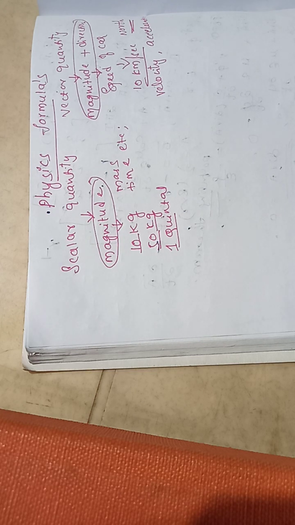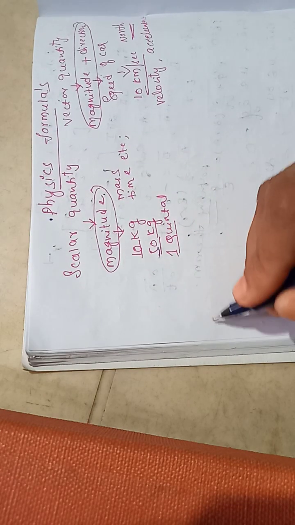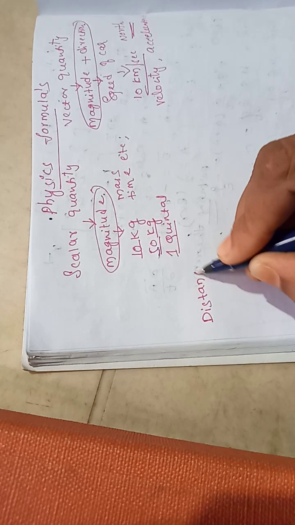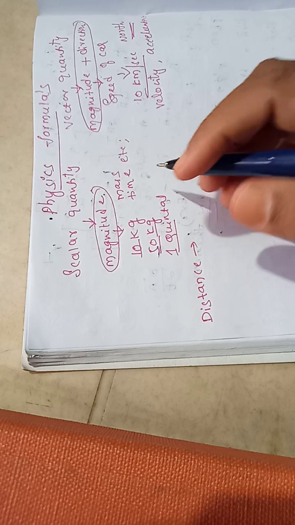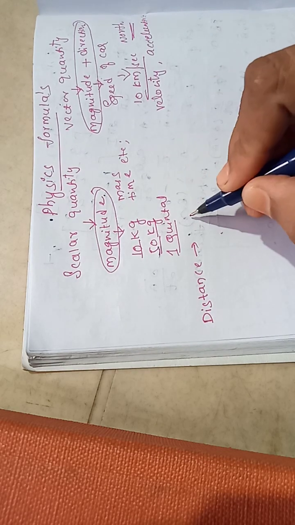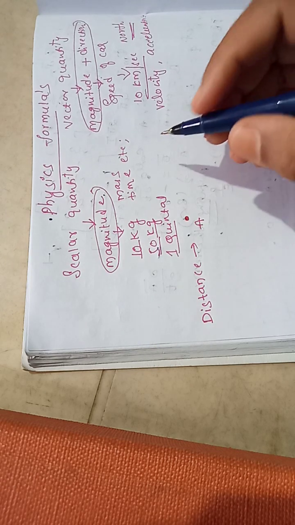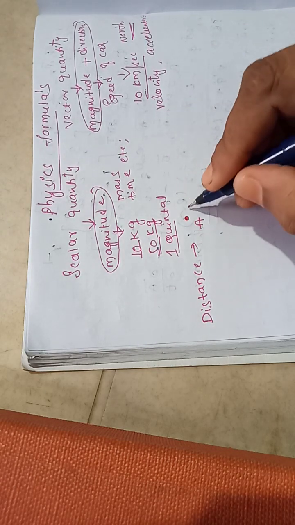So now here in kinematics or mechanics, a number of formulas are there. First one, let us start with distance. Distance means what? Here a person started from his home, right?